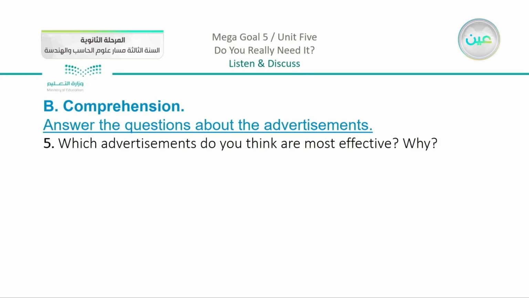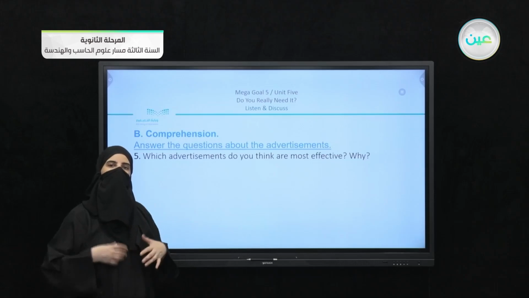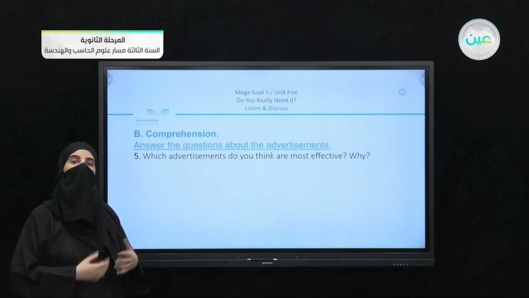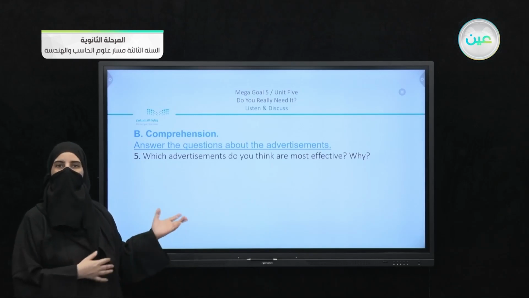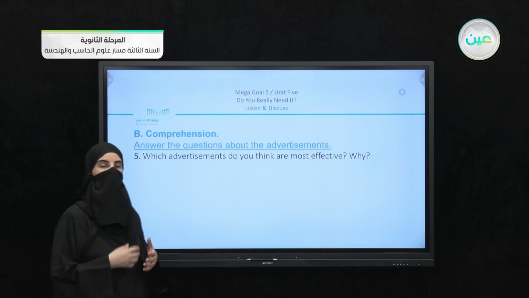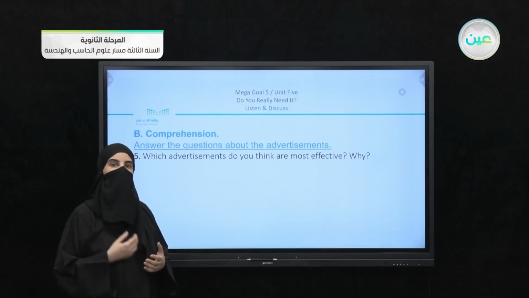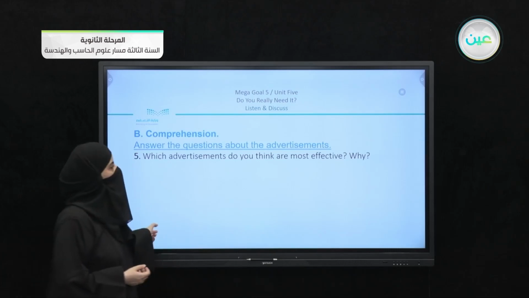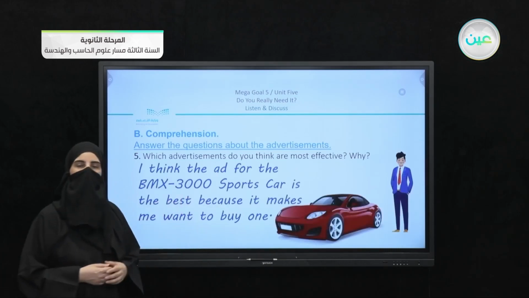So from all the 5 advertisements that we mentioned, which one has the most effective appeal, or the type that other people may be excited to buy or to see what the advertisement is about? Now, basically something that is very attractive and effective is something that is desirable, and we come to the conclusion that it is the car.